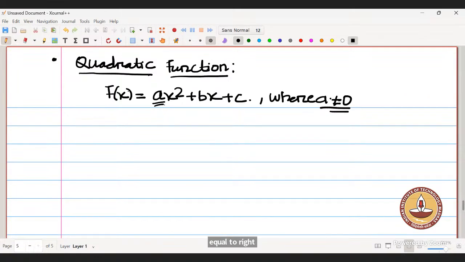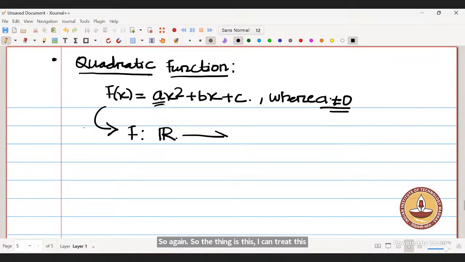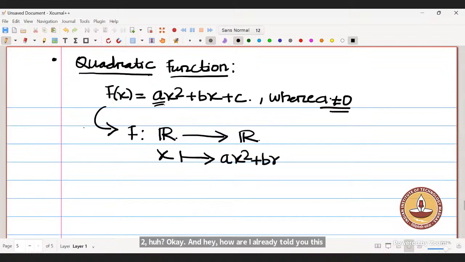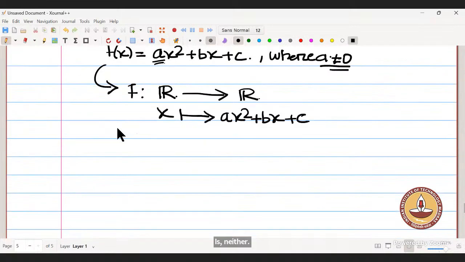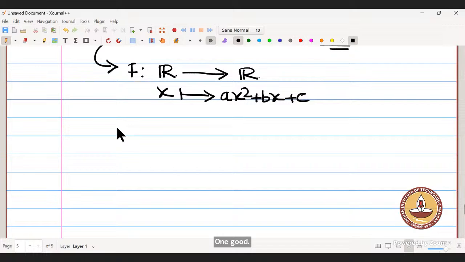And yeah, so again, the thing is this, I can treat this polynomial as a map from R to R. And I already told you this map is neither one-one nor onto, right?